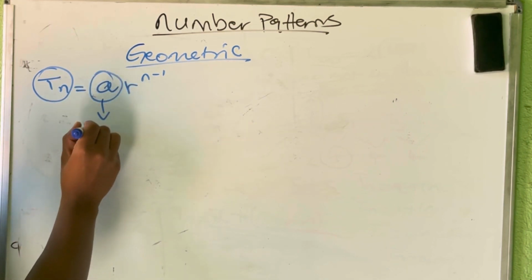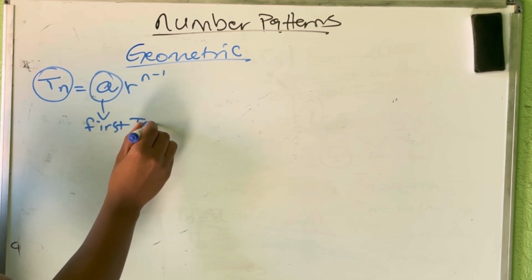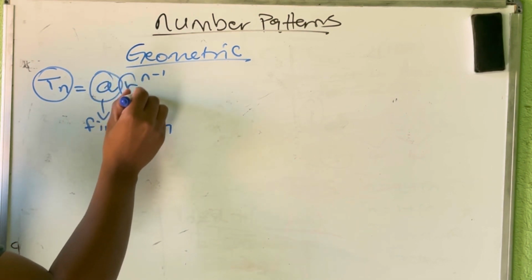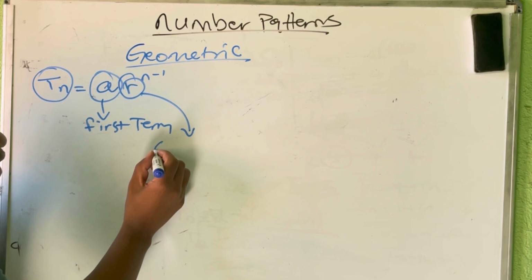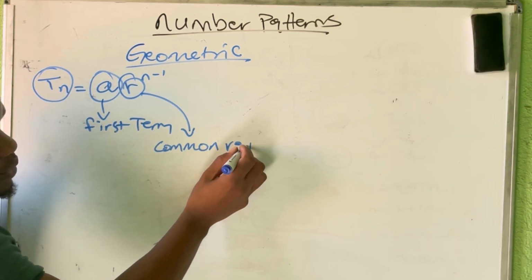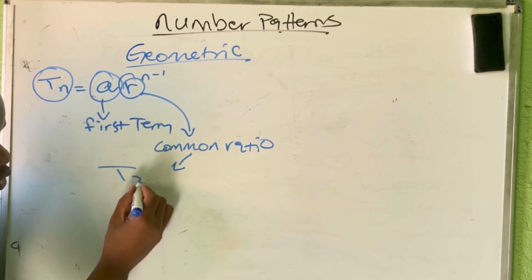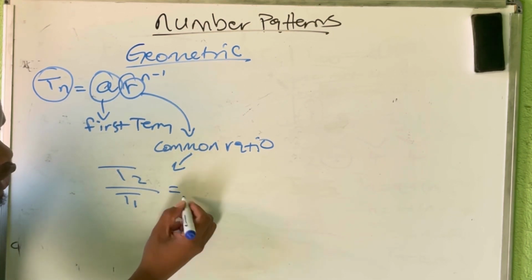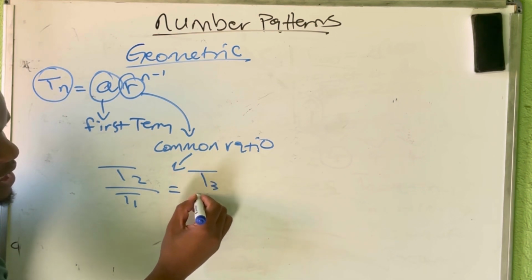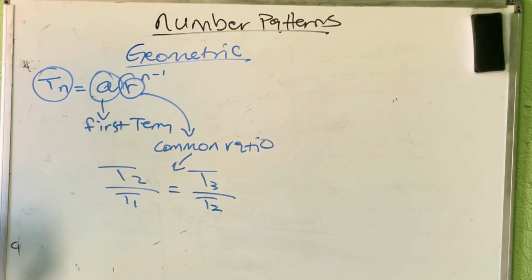A is still the first term, right? R is what we call the common ratio. How do you get the common ratio? T2 divided by T1 should be the same as T3 divided by T2. Okay? So this is the geometric.